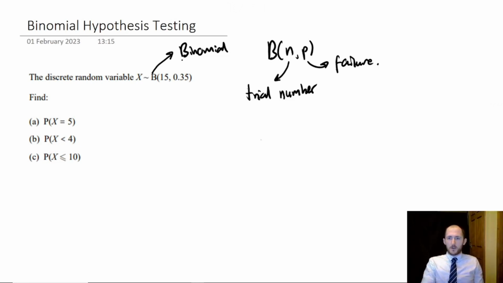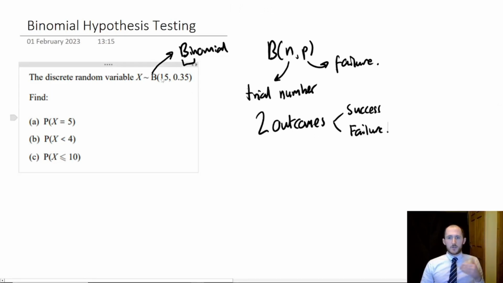The bi part of binomial means 2, so this can only be used if there are only 2 outcomes, which you can broadly call success and failure. And you also need to know the number of trials, n, and the probability of failure or success, because then you can just do 1 minus it, because there are only 2 outcomes, okay?